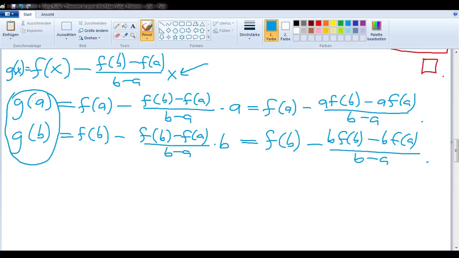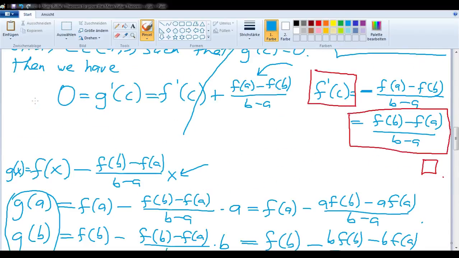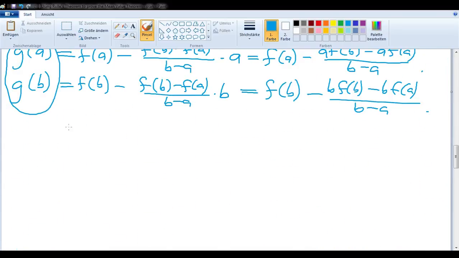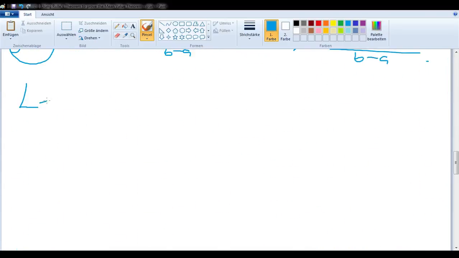But could we come up with a definition of this g that would make it very easy to check? And here we need another good idea. So our current definition of g is this, right?